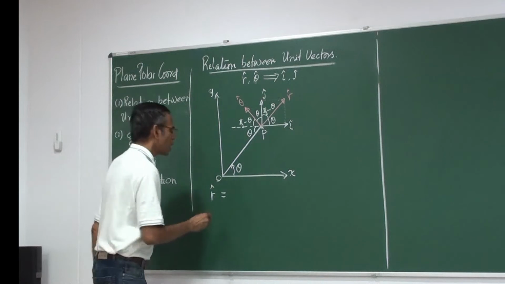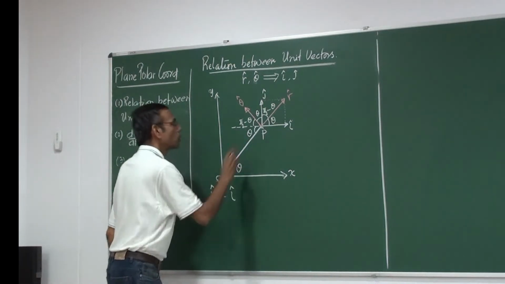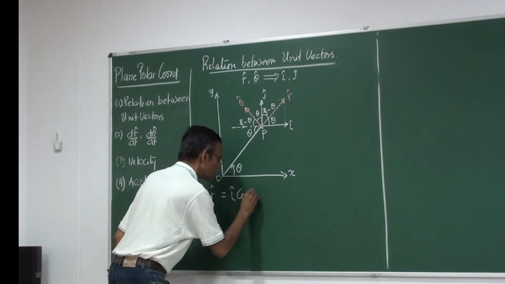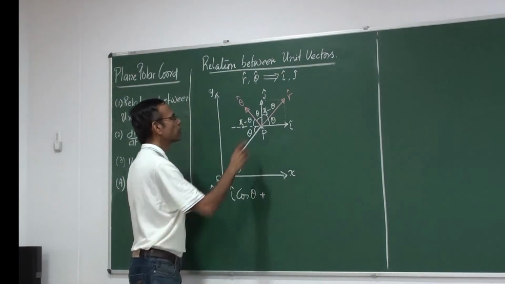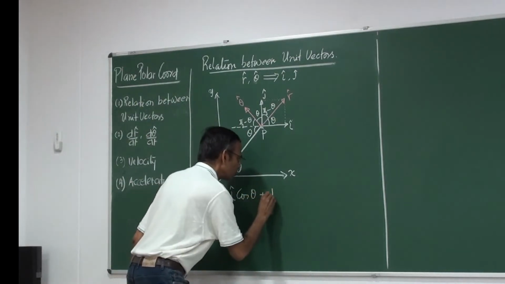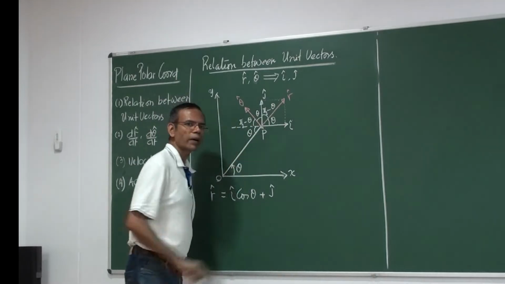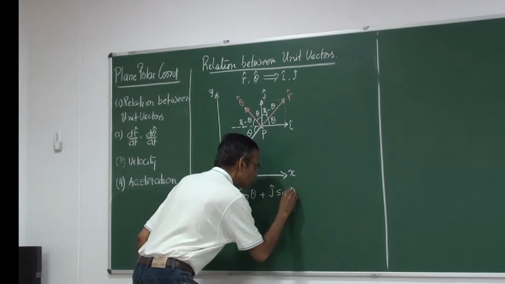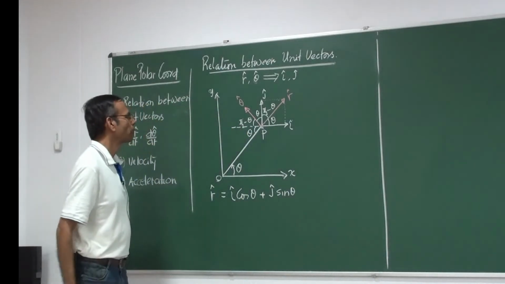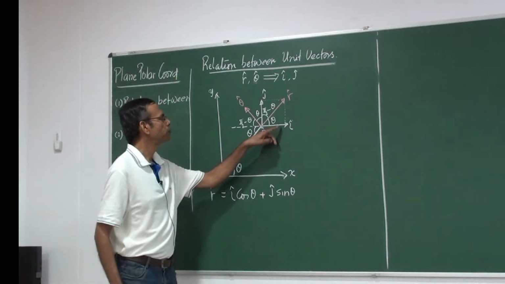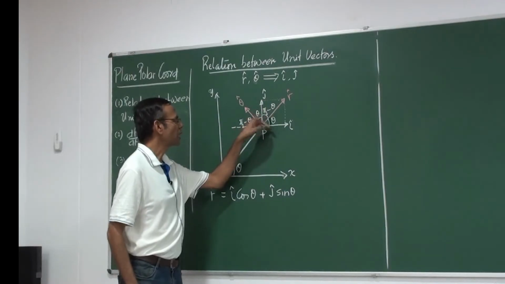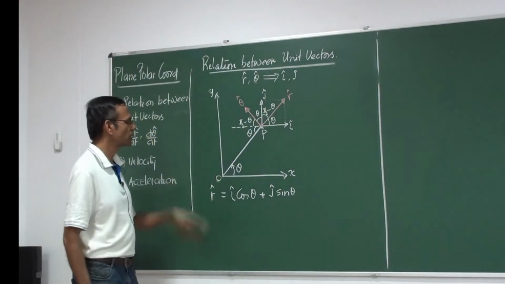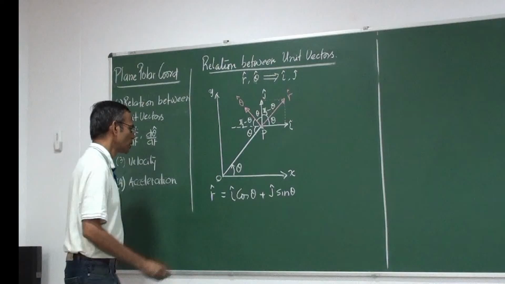So here I write i cap cos theta plus j cap cos pi by 2 minus theta is sin theta. Alright. I cap cos theta plus j cap cos pi by 2 minus theta is sin theta.